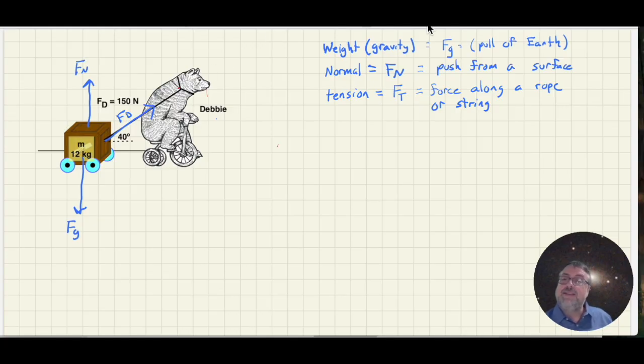On the AP exam, when they ask you to create a force diagram, they insist that it only shows the actual forces, not the pieces of the force or a component list. So whenever you're diagramming forces on an AP exam, you never put components on your force diagram.